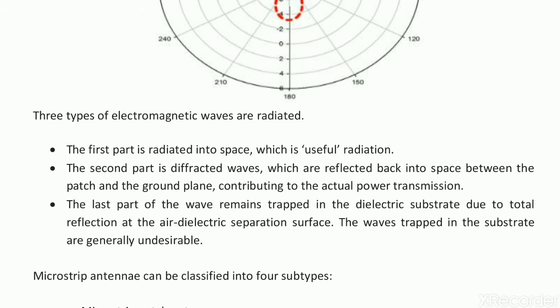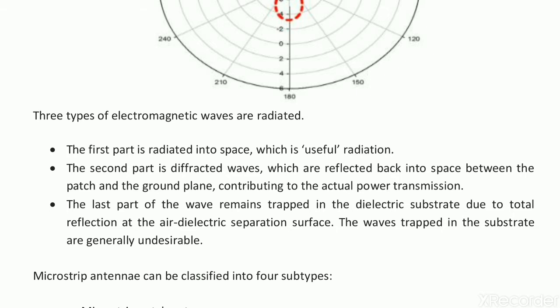We will see in the description three types of electromagnetic waves being radiated. The first part is radiated into space, which is useful radiation. This radiation is radiated from the patch only. As I have already told, the electromagnetic current is applied between the ground plane and the patch.